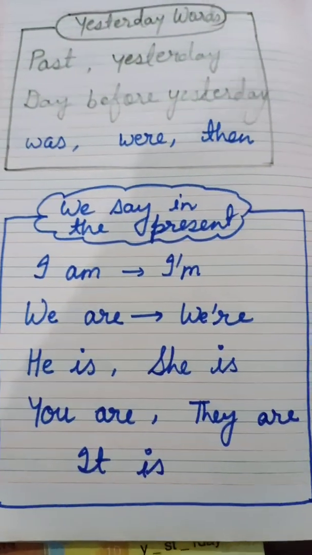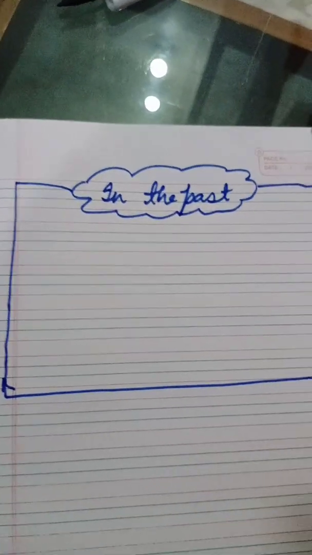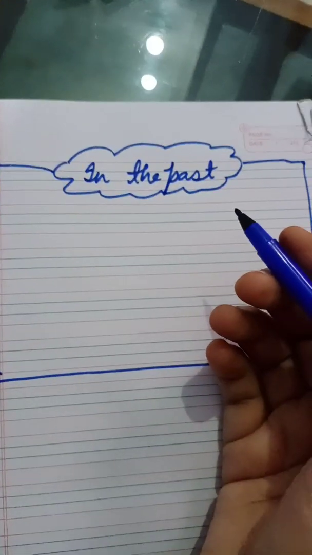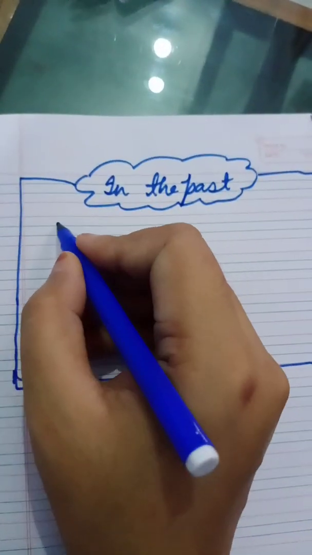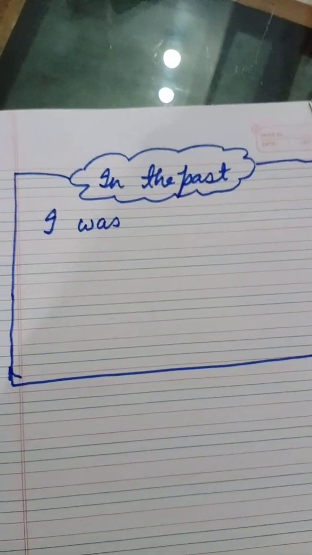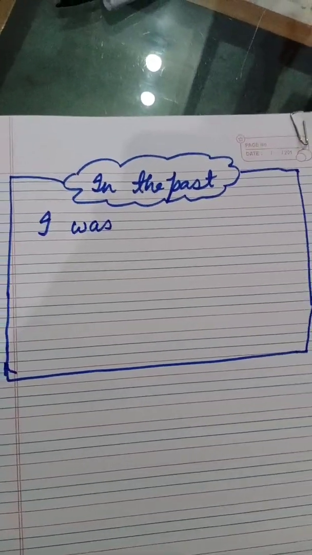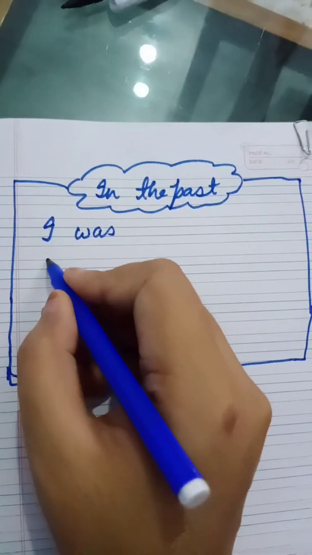Okay. Similarly we will write what we say in the past. In the present with I we were using am, and in the past with I we will use I was going. The work is already completed, I was going. We were.